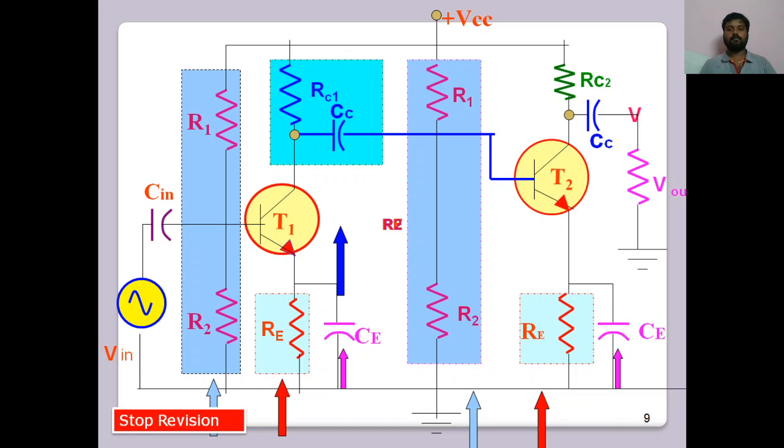And we also know the biasing resistors R1, R2 and emitter bypass capacitor CE, the temperature stabilization resistor RE.